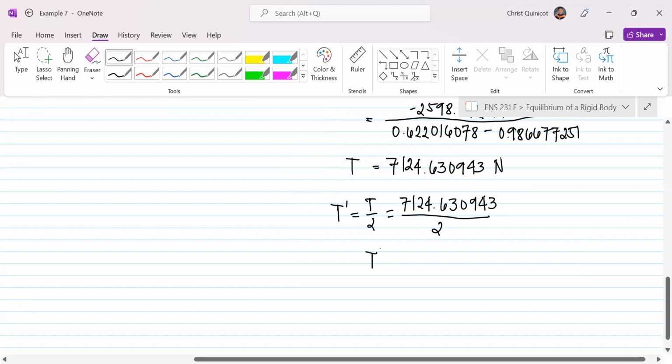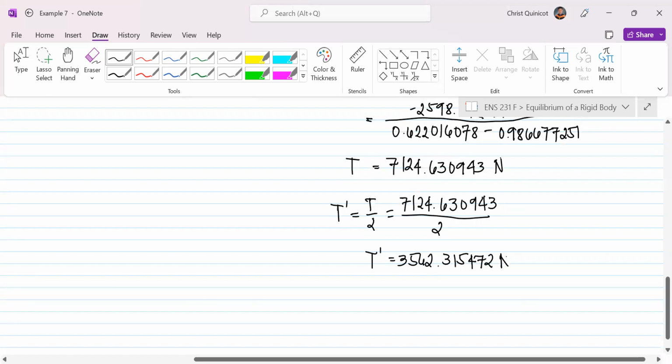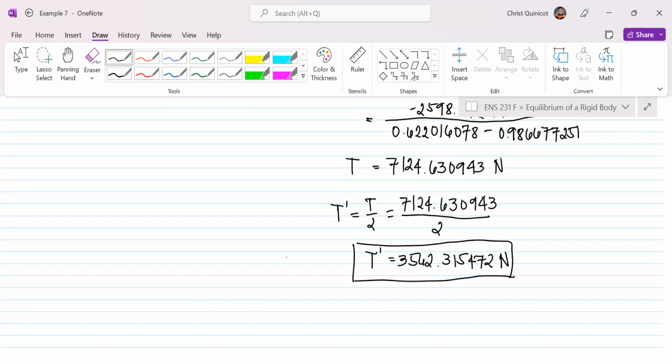So the tension in each cable is equal to 3,562.315472 Newton. Okay, that is the tension in each cable.